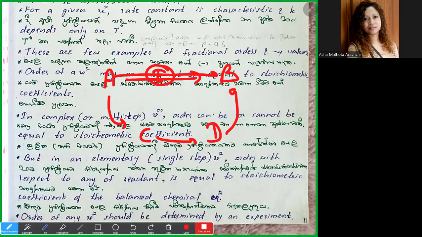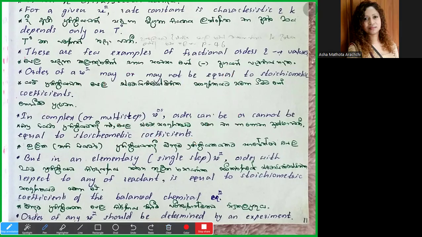When A goes directly to B, those are called single step or elementary reactions. If a reaction goes through a couple of steps, that is called complex or multi-step reactions. We are coming to these later. These are later topics of this unit, but I'm making this little summarization under this order part.